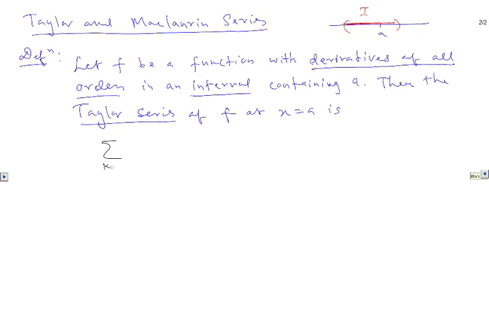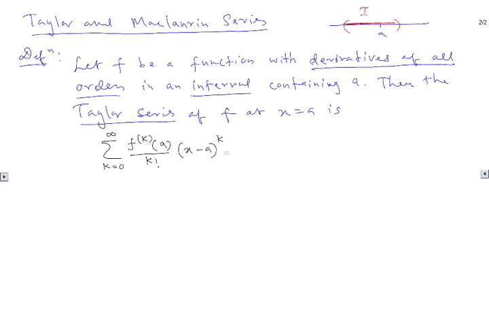I'm going to use k here, but you can use any index. So k going from 0 to infinity, the kth derivative evaluated at a, over factorial k, x minus a to the kth power. So you can see that the k you can find in 4 places. The first outside, and then you have k up there, down, and there.